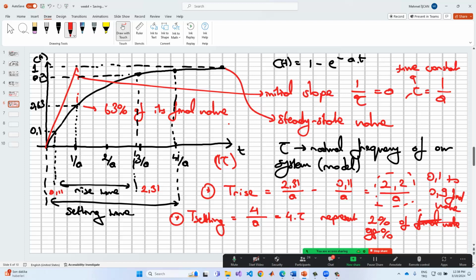This is 98% of the final value. At this time we have the 0.98 value, or 98% of the final value of our system. We can define it based on this condition.